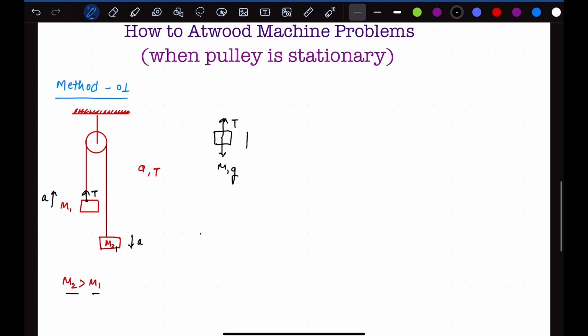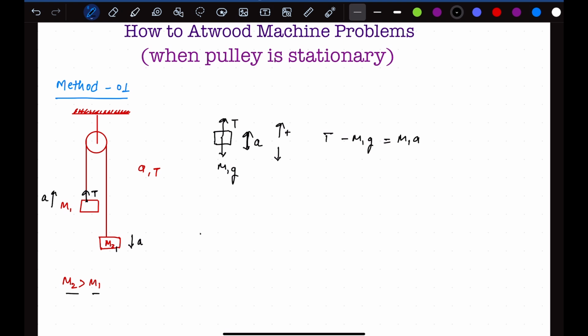And it is going upward with acceleration a. Let's take upward positive and downward negative. So I can say T minus m1g equals m1a.